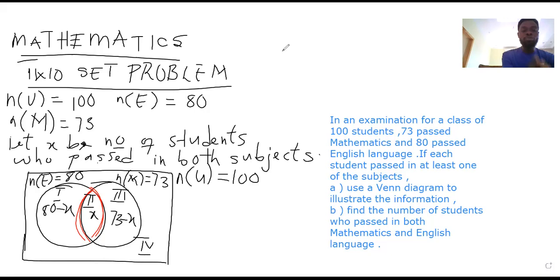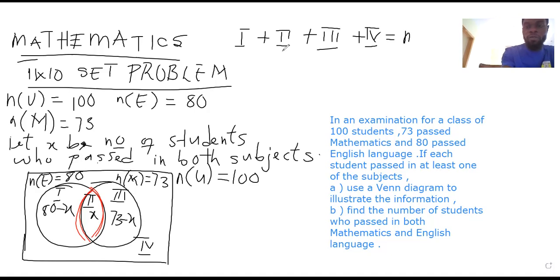Good. So we need to write an equation connecting the variable. We're going to have region 1 plus region 2 plus region 3 plus region 4.